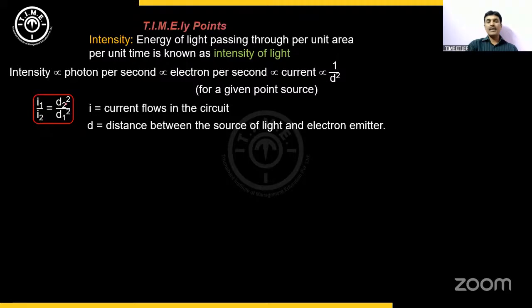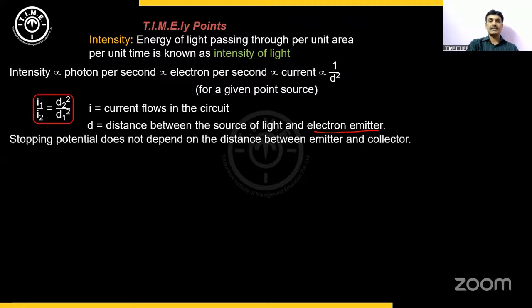From that, I1 by I2 is equal to D2 square by D1 square, where I is the photoelectric current flowing in the circuit, and D is the distance between the source of light and the metal plate in the photoelectric effect experiment. Understood? Remember that relation, that is very much useful for competitive examinations.